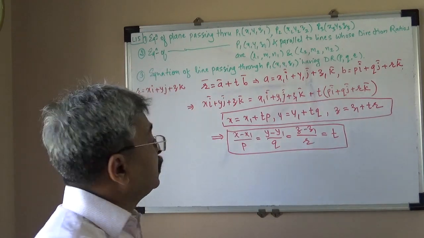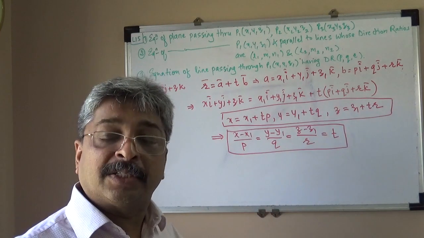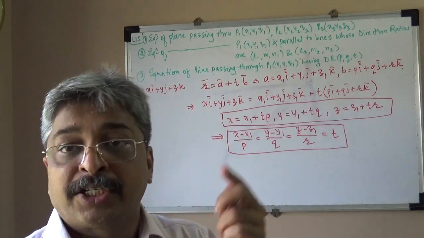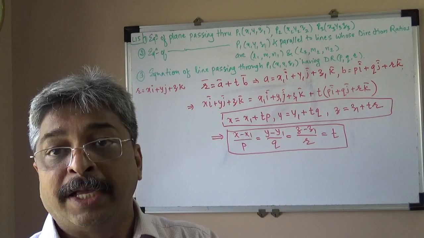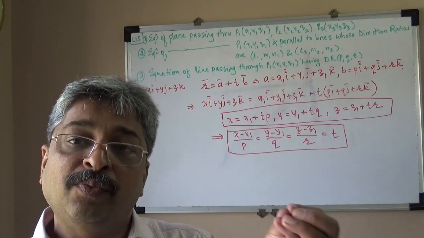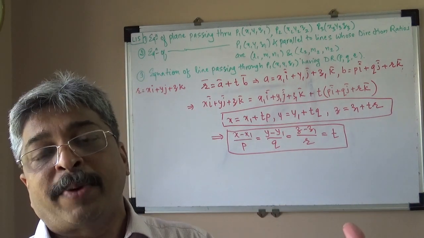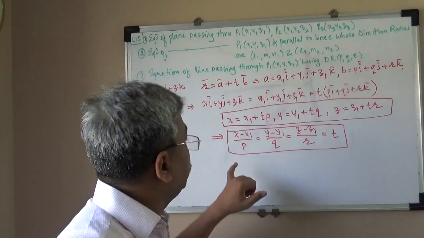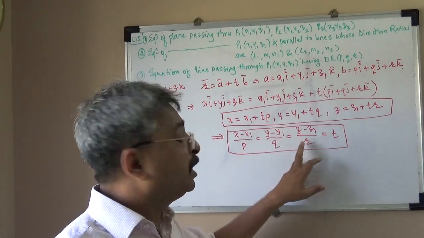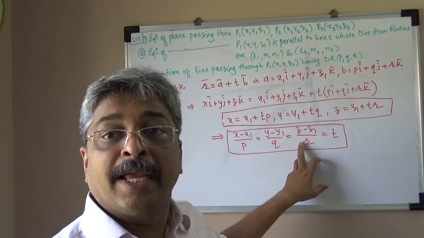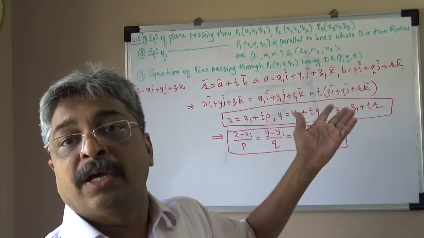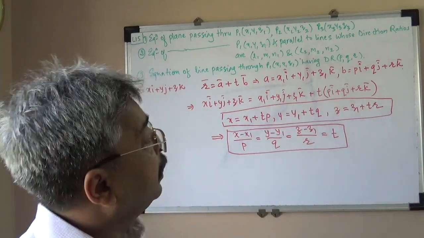We need to understand, what are these denominators? They are the direction ratios of the line. So what is the vector to which the line is parallel? You have to look at the denominator. pi plus qj plus rk is the vector to which this line is going to be parallel.